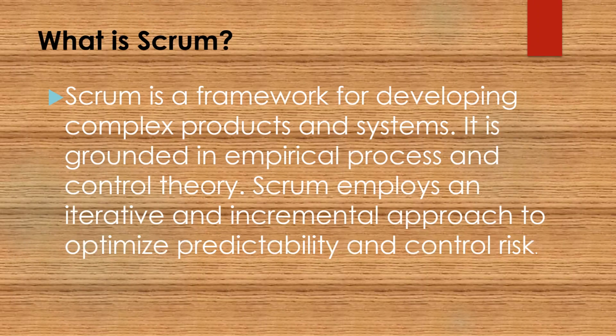Scrum employs an iterative and incremental approach to optimize predictability and control risk. As I told you, Scrum is grounded in empirical process and control theory. Empirical process is about doing inspection.